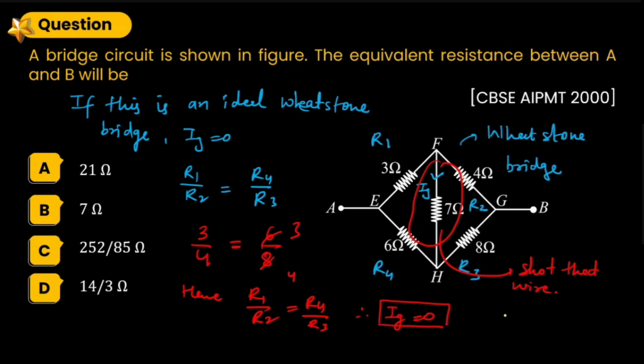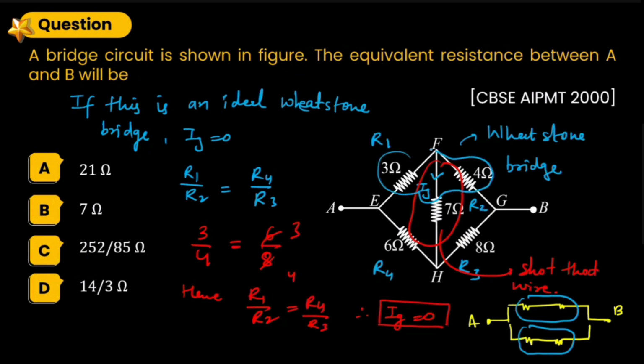Now, the new circuit which we have will look like this. 3 ohm resistor, 4 ohm resistor, 6 ohm resistor, 8 ohm resistor. This is point A, this is point B. In order to solve them, what can we do? We can use the ideal knowledge of solving resistors. These two are in series individually and then in parallel. So 3 plus 4 is going to be 7, and 6 plus 8 is going to be 14.